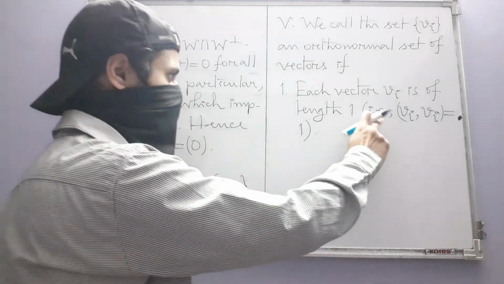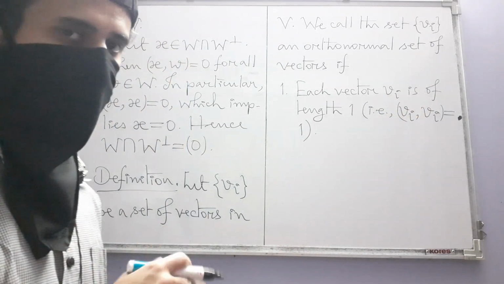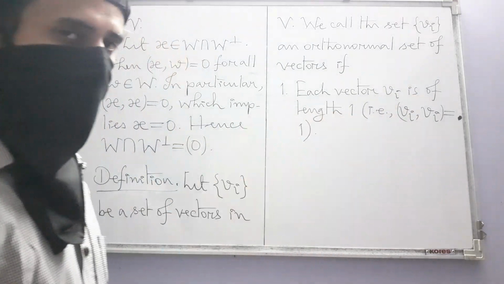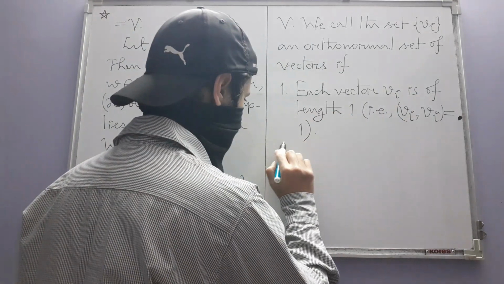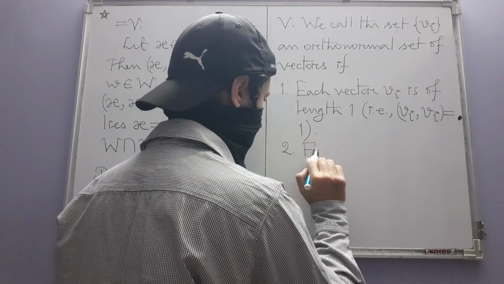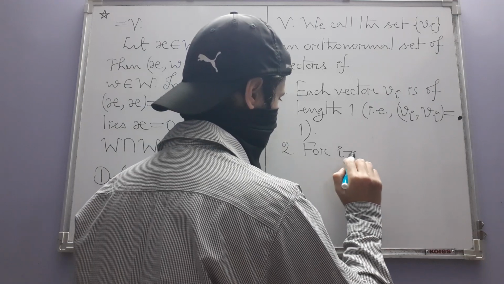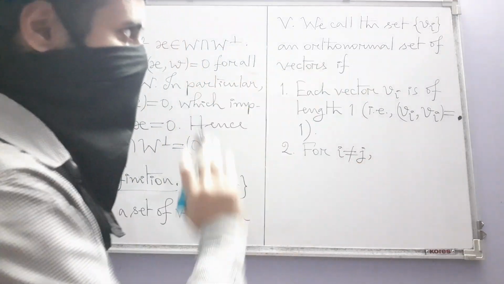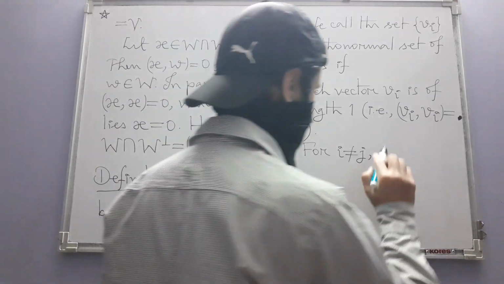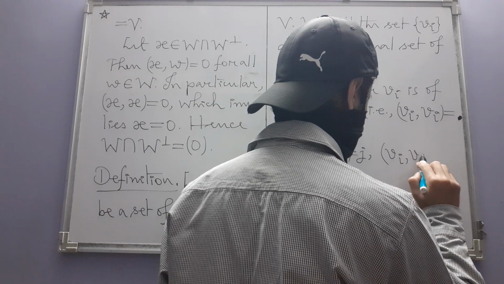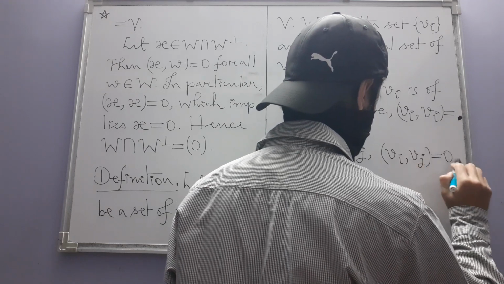Length is just the non-negative square root of this, so that is 1 if and only if this is 1. And the second condition is orthogonality. For i not equal to j, which ultimately means considering two distinct vectors from this set, the corresponding vectors Vi and Vj are orthogonal to each other.